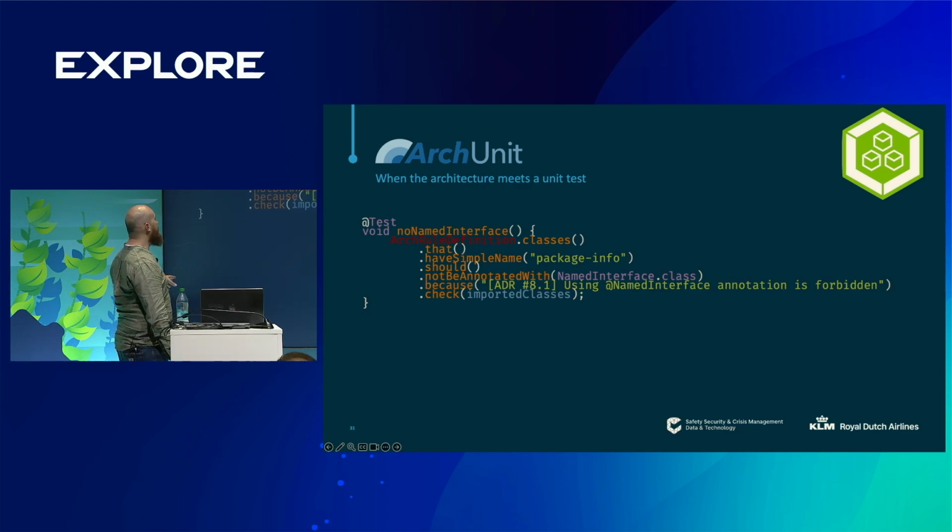But for me, one of the things that was really cool was that as part of our architecture ADR, we said we didn't want to use named interfaces because we said it was a code smell. Using ArchUnit, we could then write a test that said, hey, as per our ADR, we don't allow the usage of named interfaces.